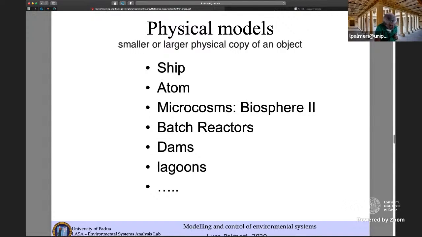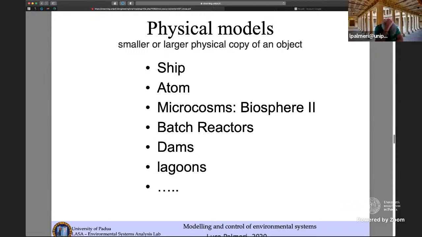Which conditions? Temperature, humidity, sunlight, presence of pollutants, quantity of oxygen, and so on. Let's say the environmental conditions are maintained constant, and then you put a population of living organisms into the batch reactor in order to see how these living organisms respond to changing conditions in your reactor.